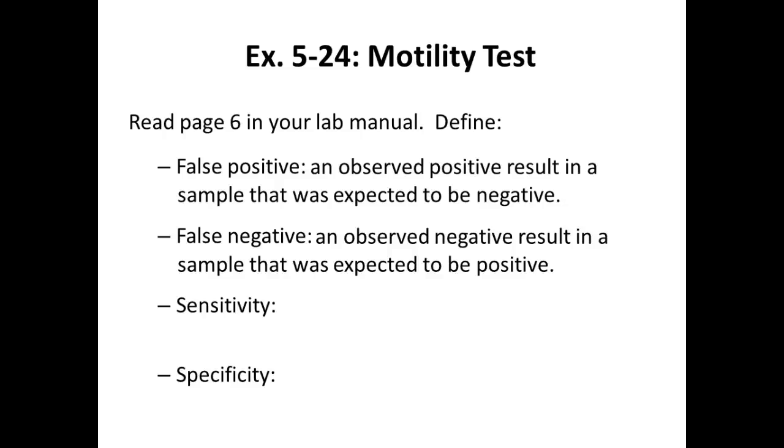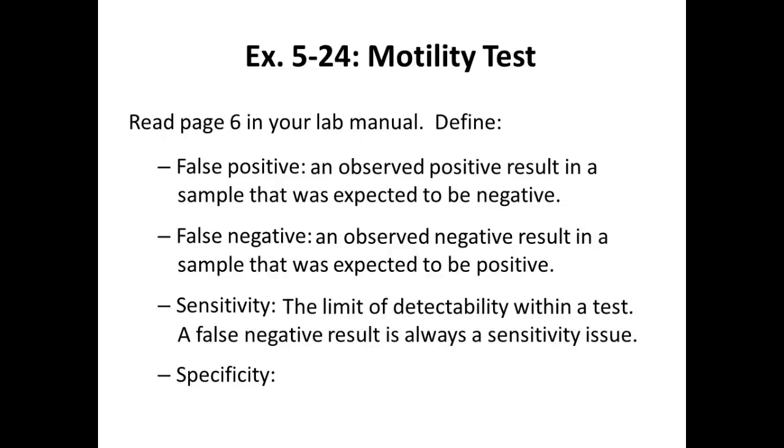Some things that come into play for our tests are their sensitivity and specificity. So sensitivity is the limit of the test, right? The range in which we can discern false negative from true positive results. And probably the easiest one for most people to understand is pregnancy tests, right? Pregnancy tests have a certain level of sensitivity, right? They tell you you can only test after so many days after your missed period, because that test has a certain range that it can detect the hormone present, right?